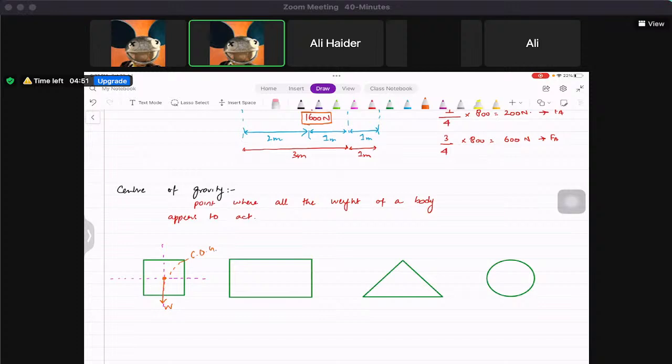For this one, it will be easier as well, because you can easily make its regular shapes. So these will be the lines of symmetry, this will be the weight, and this will be the center of gravity right here. For a triangle, you can draw lines from the vertices, and where they all meet would be the center of gravity. And for a circle, you can just cut the circle in half, and that would be the weight. Is it clear, everybody?